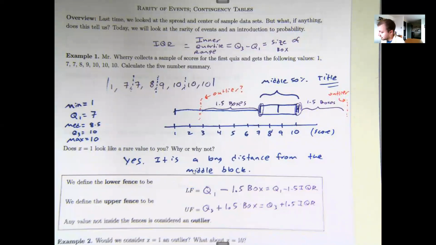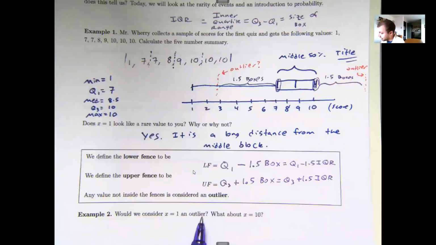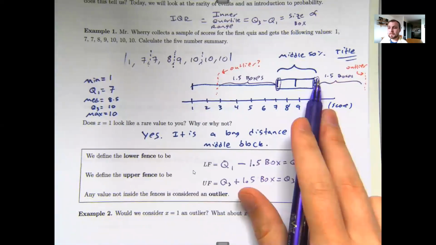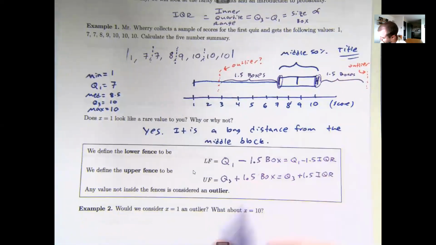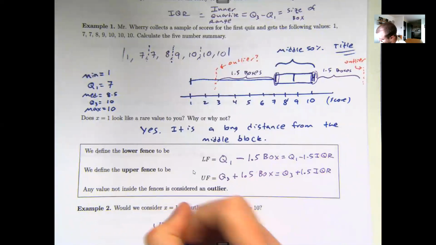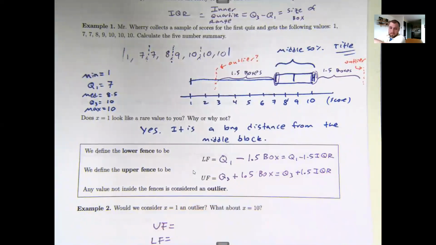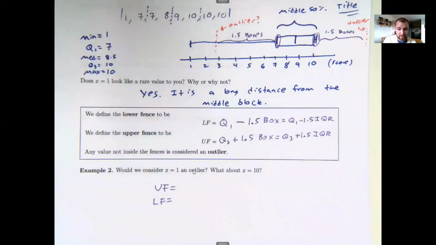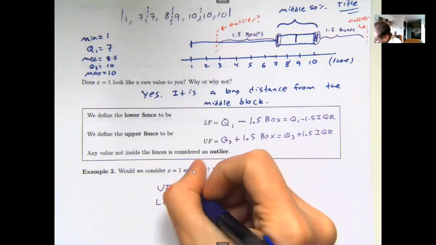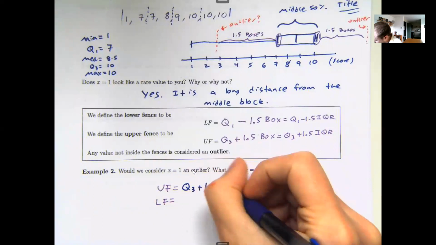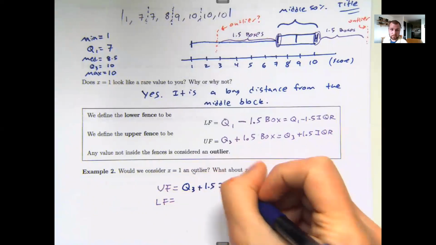So let's look at an example. Would 1 be an outlier? Would 10 be an outlier? Well, 10 clearly looks like it is not an outlier, but let's still find the fences. Upper fence and lower fence. So to find my upper fence, I'm going to start at Q3, and I'm going to go up 1.5 boxes.